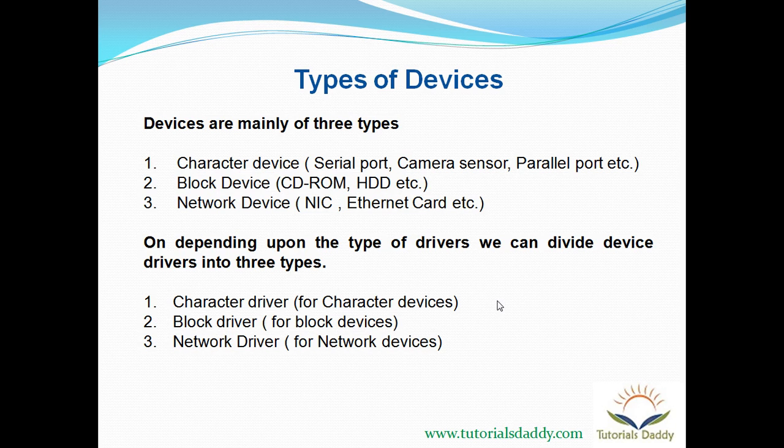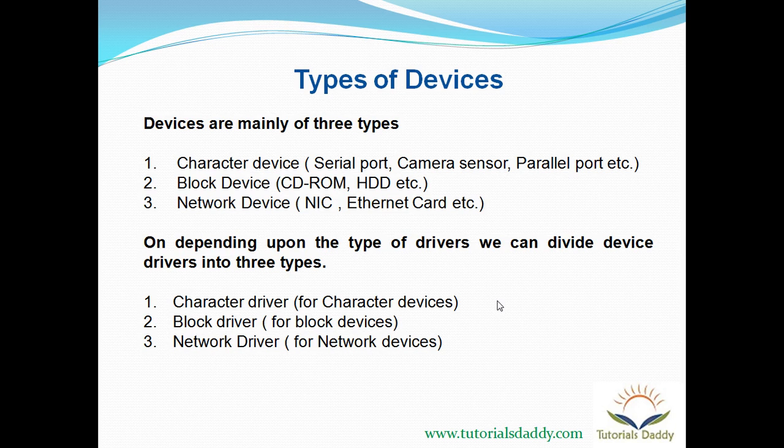Now is the time to understand the different types of devices. Devices are mainly categorized into three types. The first type is the character device. Character devices are the devices which transfer data character by character.